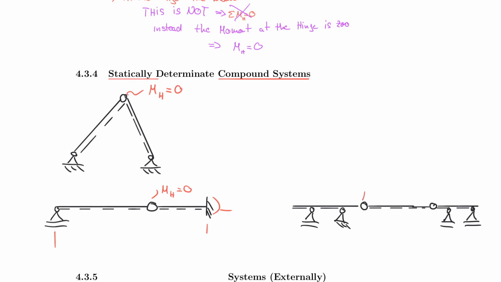Because, as you remember, M at the hinge is equal to 0, and M at the hinge is equal to 0 here as well. So what you can do, conceptually speaking, is take the sum of the moments about this point, and you can, for example, release this system here and find one, two support reactions.